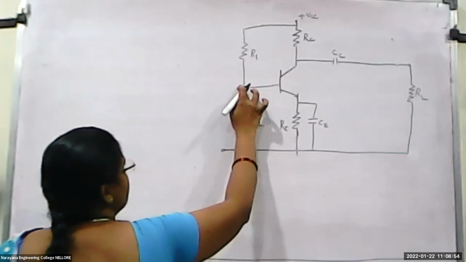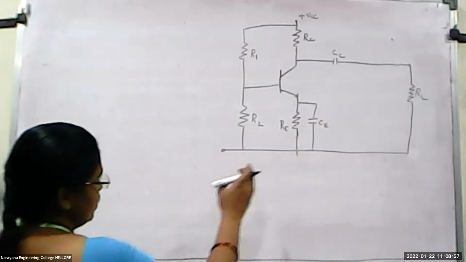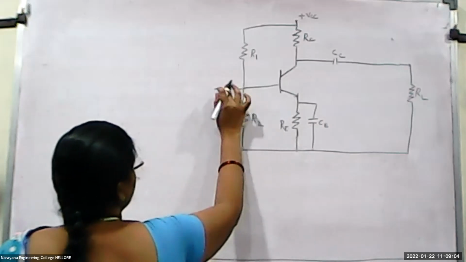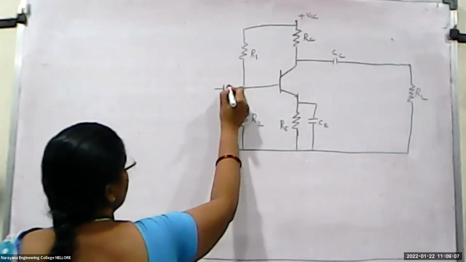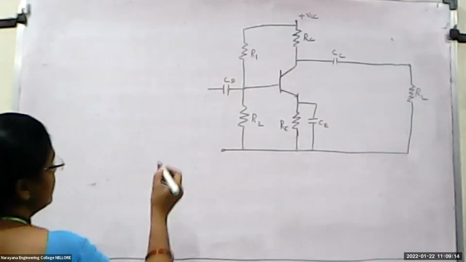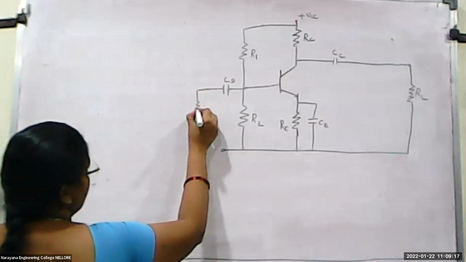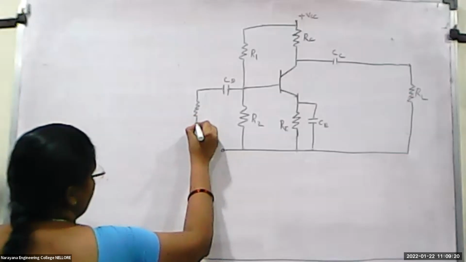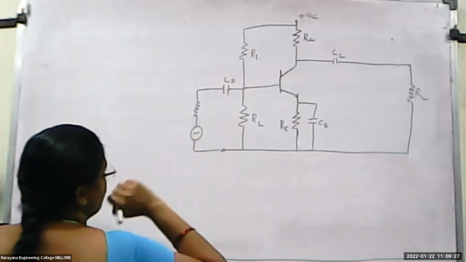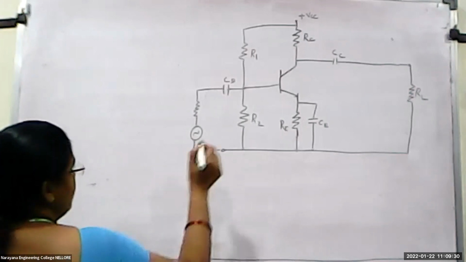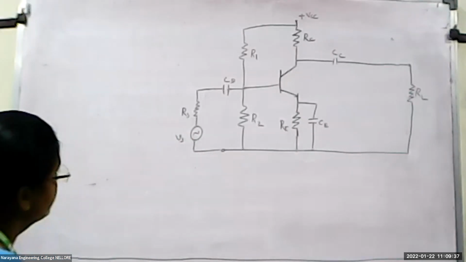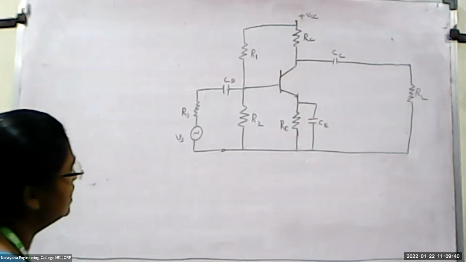This is R2. CB. RS. VS. CB, R1, R2, RC, CC.